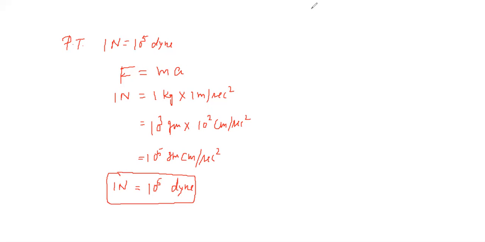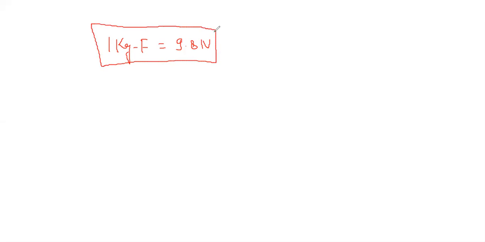Sometimes it is given as 1 kg weight or 1 kgf. So if 1 kgf is given, you write 1 kilogram force equals 9.8 Newton, when small g is given as 9.8 meter per second square.